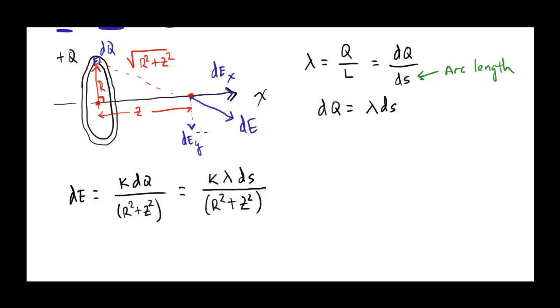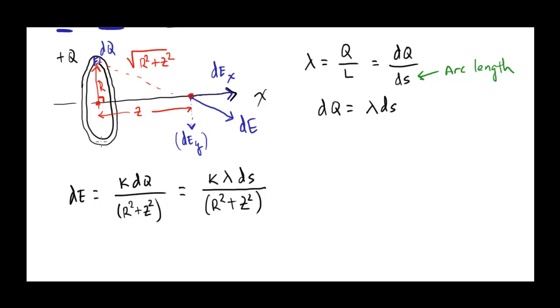It may be intuitively obvious to you when you look at this that all of the dEy's from all of the tiny little dq's are all going to add up to 0. To understand why, I selected a tiny piece dq up here, which is contributing an electric field vector along the negative y-axis.